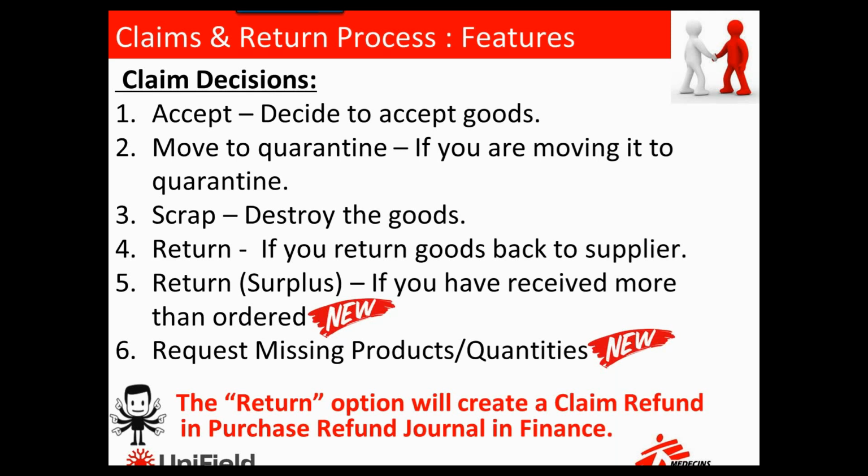A claim refund is created in the purchase refund journal in finance. So finance will see, we paid for this particular item, but we are actually returning it, so we have made a claim. It will indicate to finance in their journals that the supplier owes them some amount. And if they hadn't paid yet, the amount you are now claiming is going to be deducted from the final amount they will need to pay the supplier.